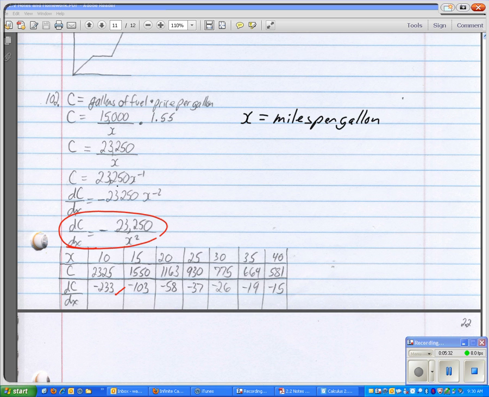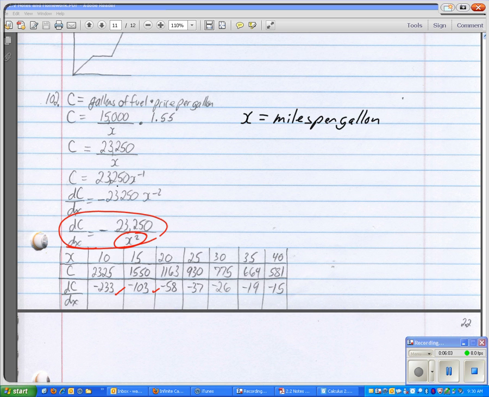It means C prime, the derivative, and in this case it's the rate of change of the cost. When X equals 15, you put a 15 in there, square it, do the division, and so forth. Everybody with you on how to fill in the chart?